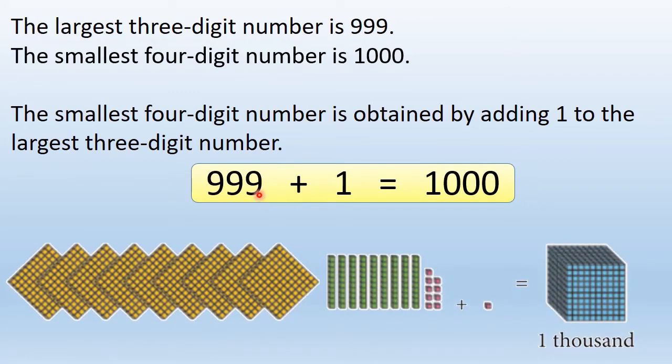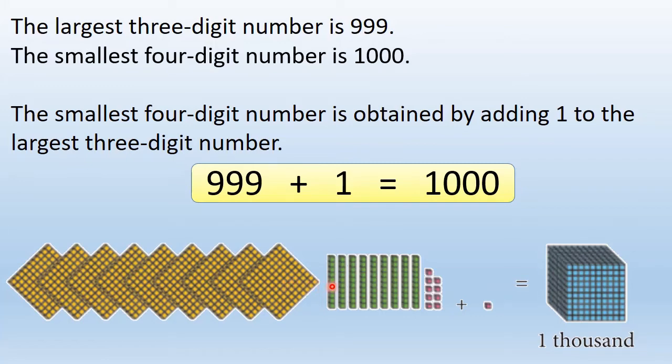Showing this using beads, here we have 9 panels or plates of beads. Each panel contains 100 beads. So 1, 2, 3, 4, 5, 6, 7, 8, 9. This makes 900.